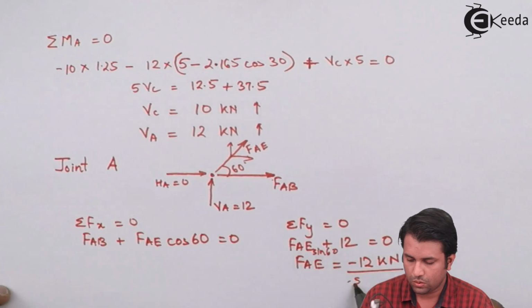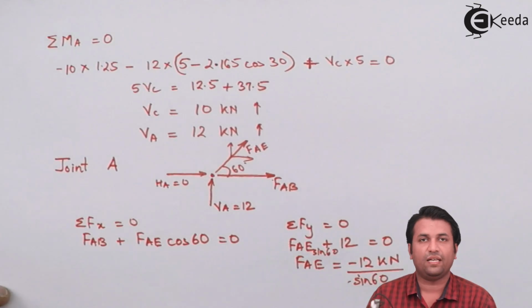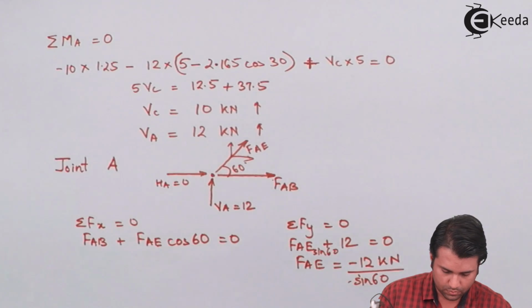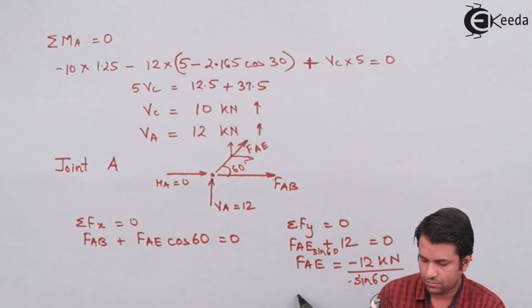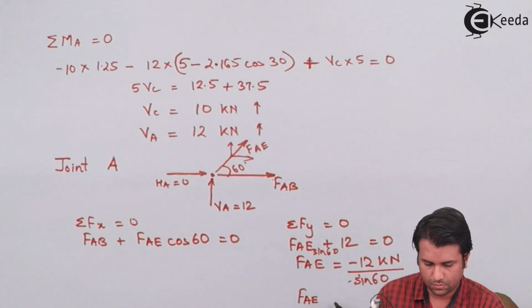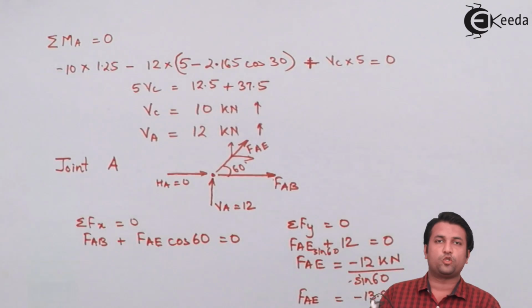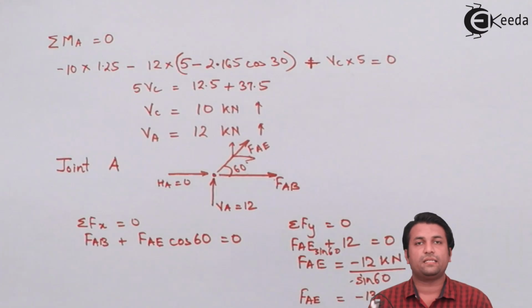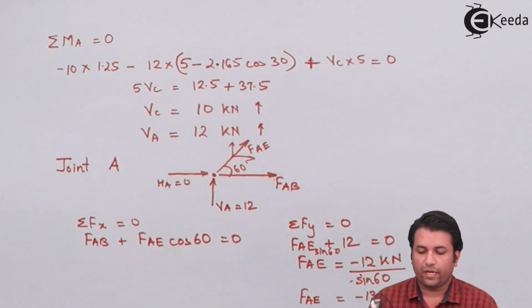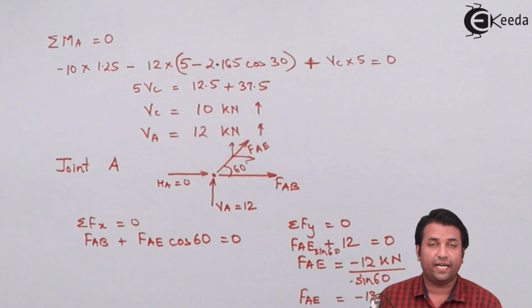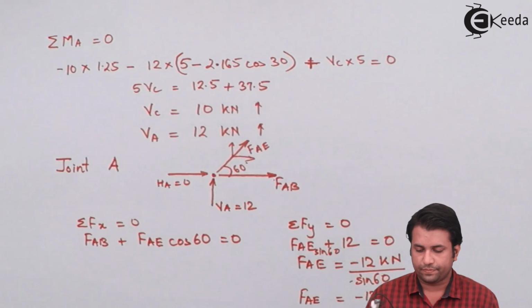So I'll get the value for AE. Since the value that I'm getting happens to be negative, I can say that this is a compressive force. Now, if I put this value of AE in the equation for X, I can find the value for AB.